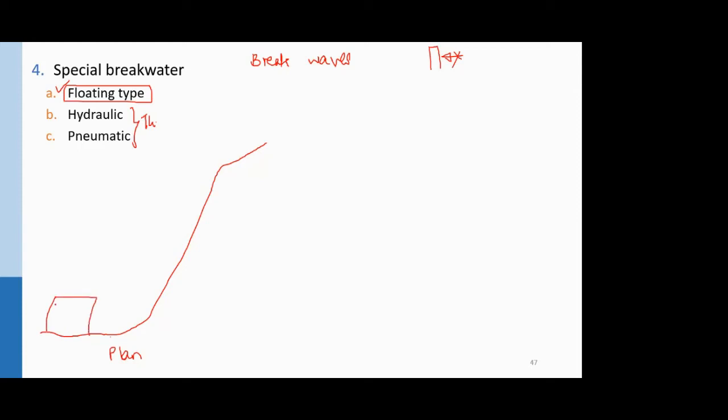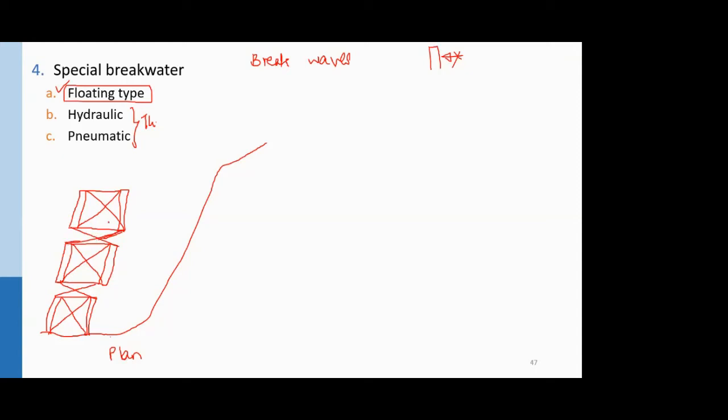Just give me a few minutes so that I can draw the sketch. So in the plan, you will see something like this.